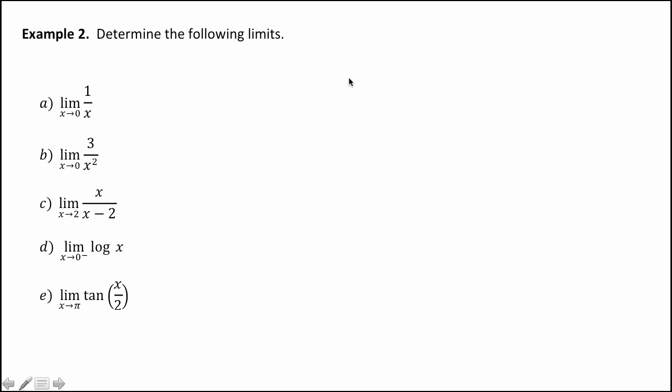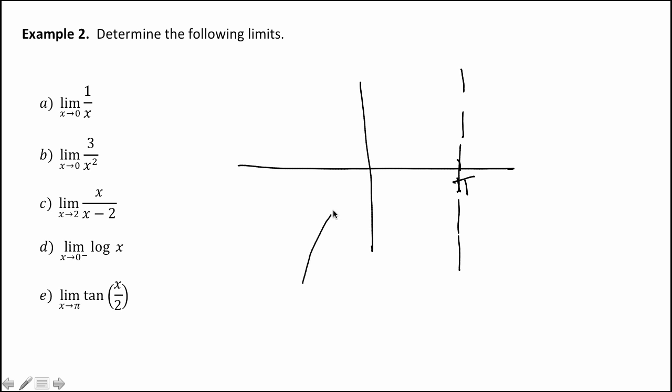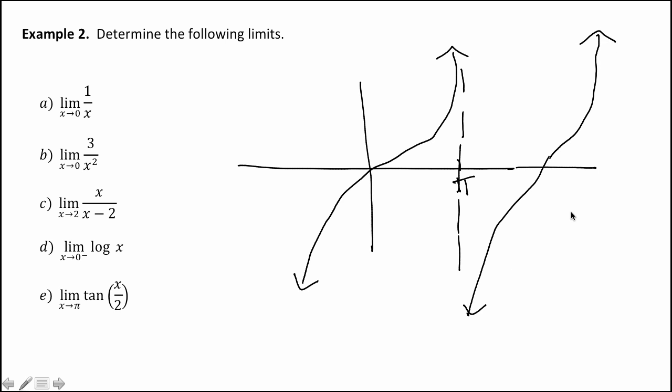Okay, you can also figure this out if you knew how to graph the tangent. Remember that the graph, in this case, is undefined at pi. So if you knew kind of how the tangent looks, which looks like this, then you have this part, and then the right side will look like that.